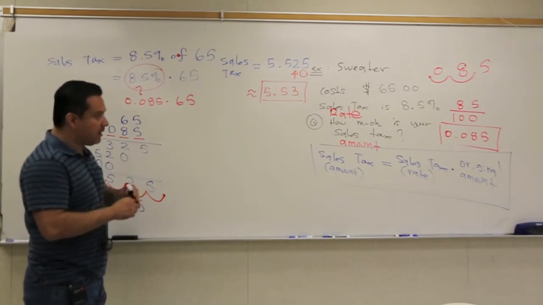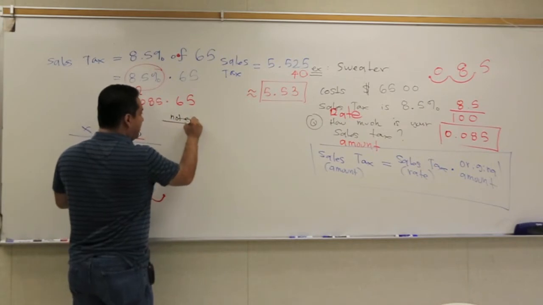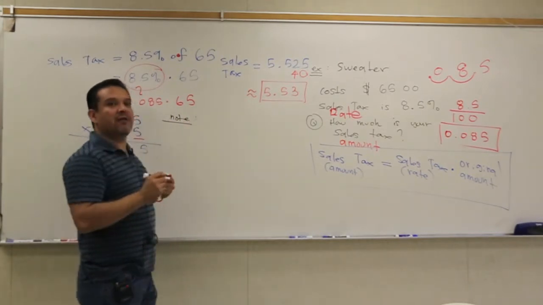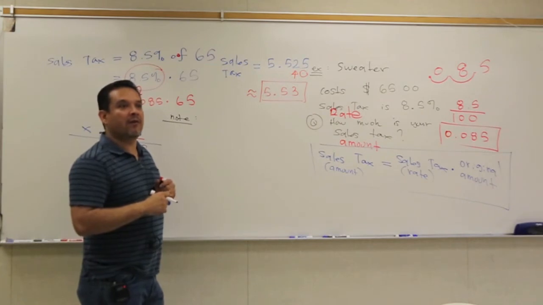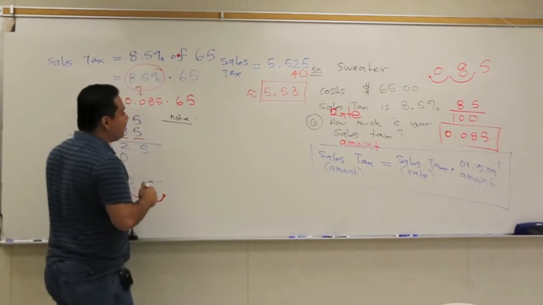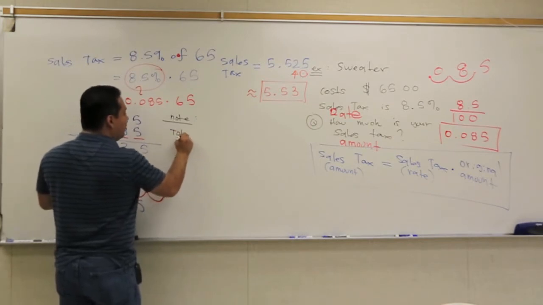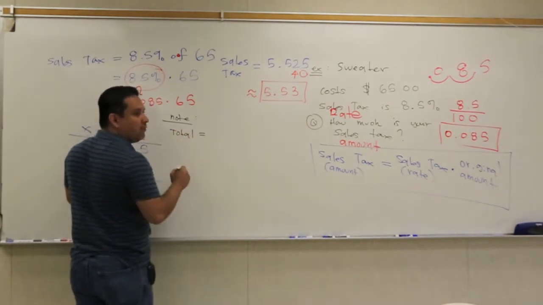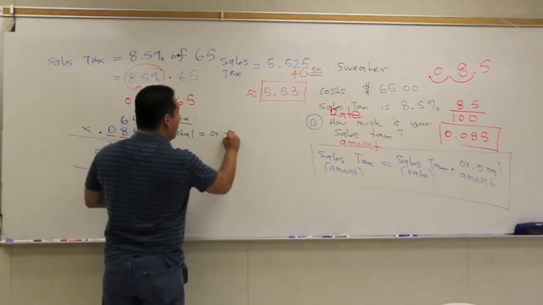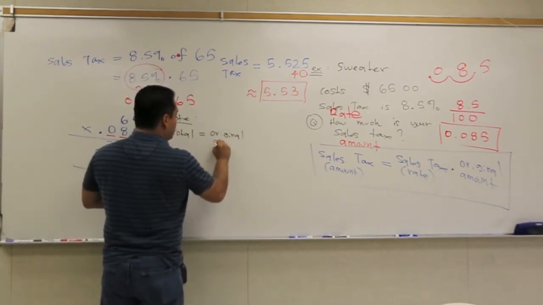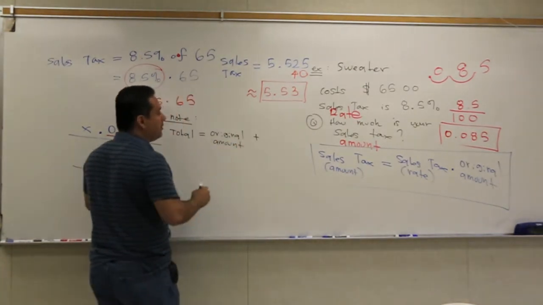What do you think comes next? Let's note. What do you guys always include? What should we call this? The total is equal to what? The original amount plus how much?